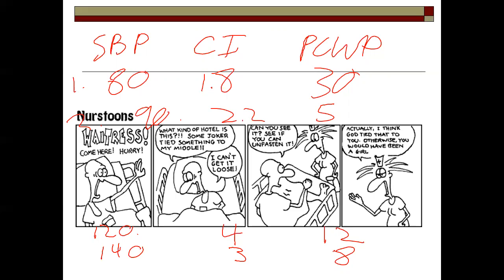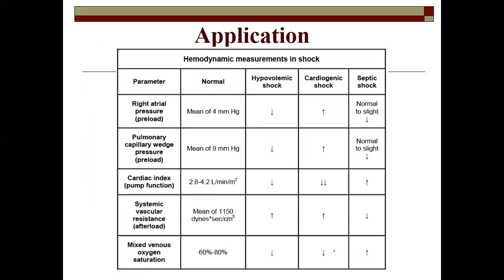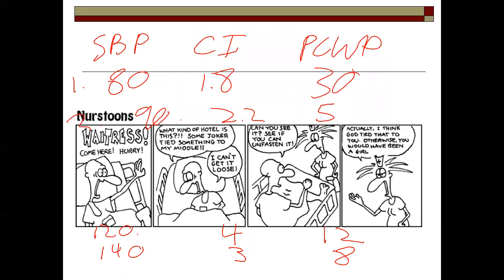Capillary wedge pressure is elevated. Capillary wedge pressure through the roof. You're hypotensive, so your index is going to be low. Your wedge pressure is really high, and your index or your blood pressure is low. So this one would be one of those. They're in cardiogenic shock, right?